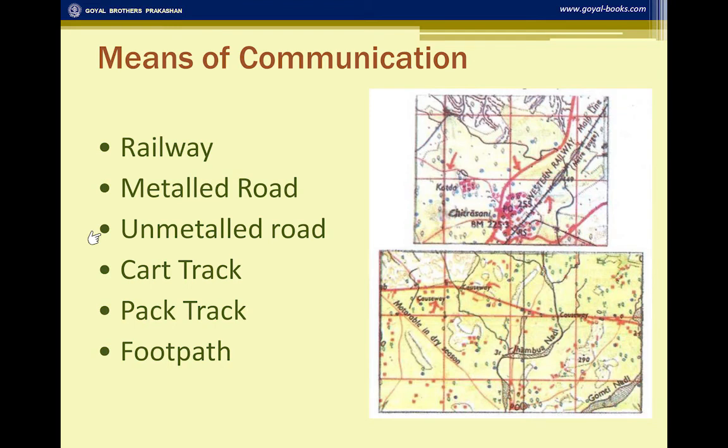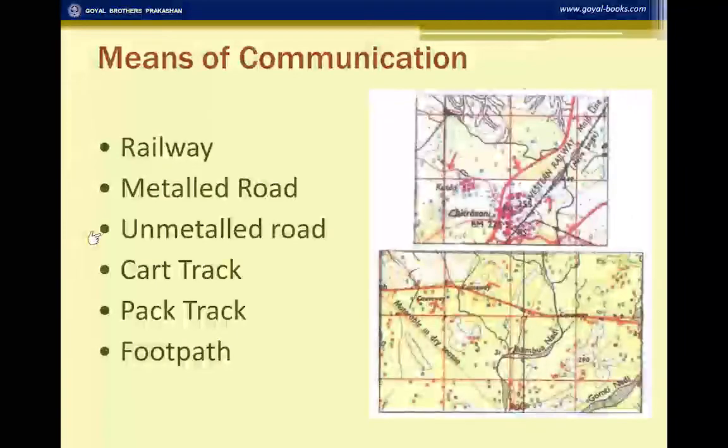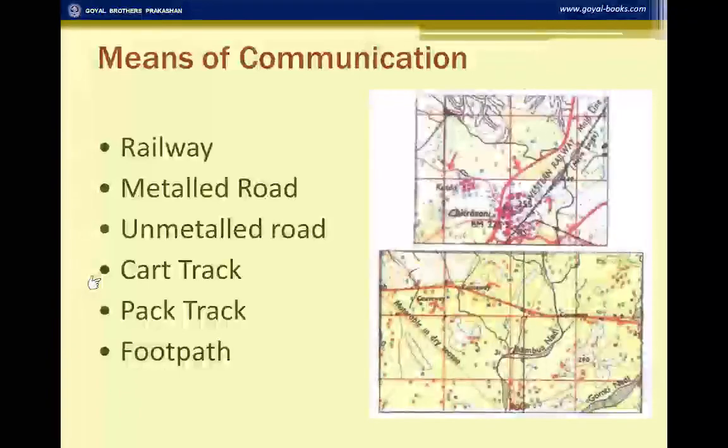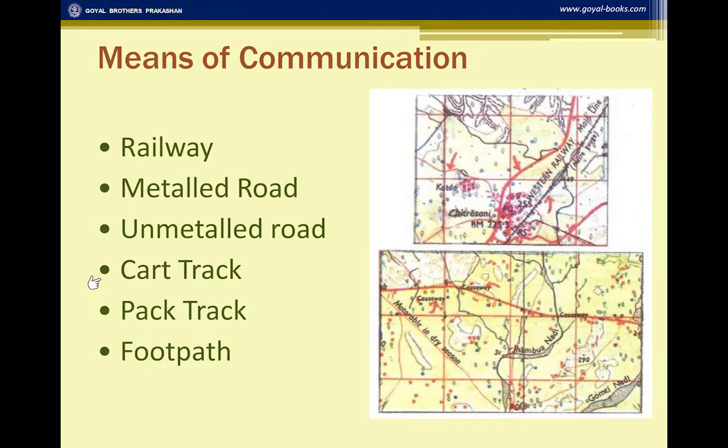An unmetalled road is a Kacha road, and people only travel on the Kacha road. That is called an unmetalled road. Cart tracks are these single red lines, made by man and used by bullock carts and all that.